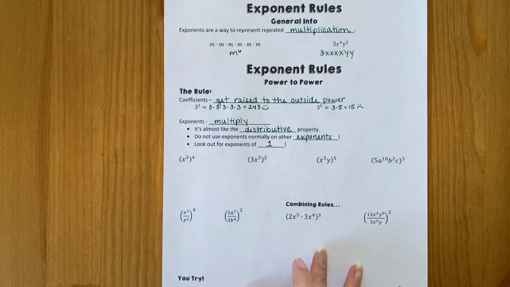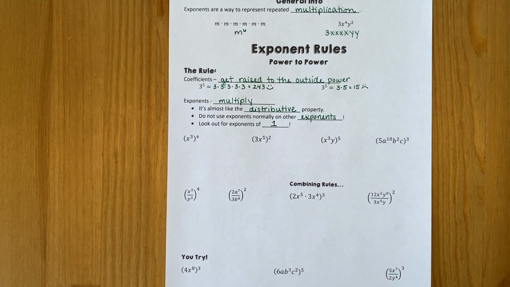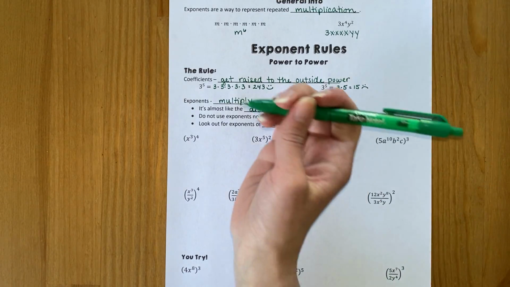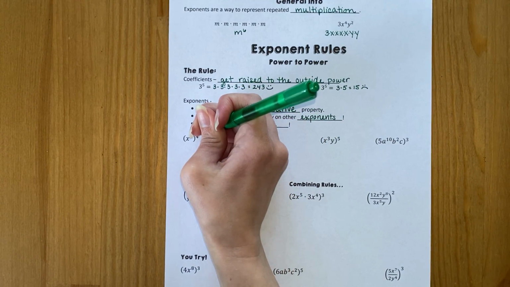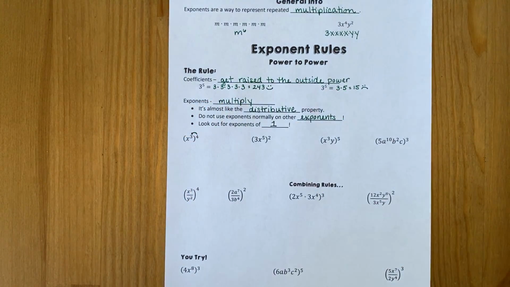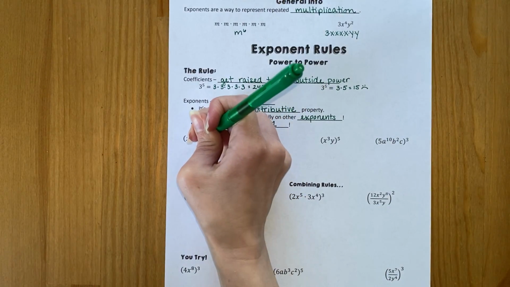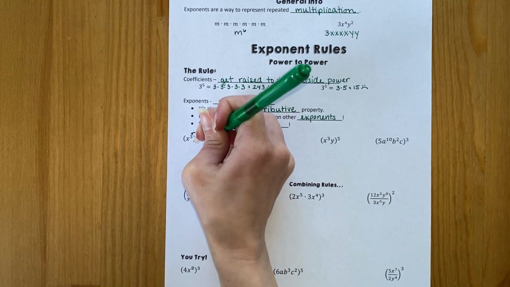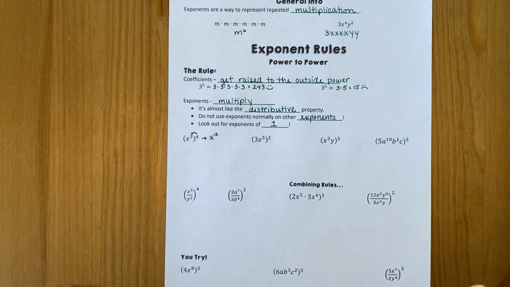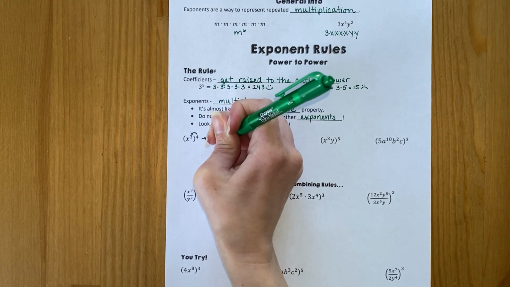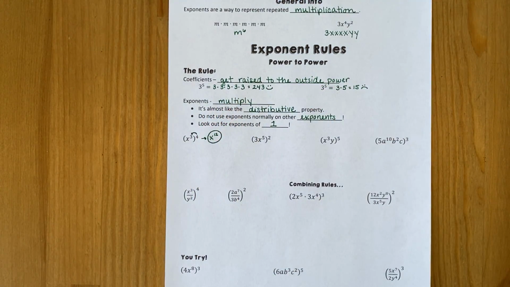So here's how our rule is going to work. Looking at our very first example, we're going to see x to the 3rd to the 4th power. So what will happen to use our rules? We're going to end up taking that 4 times that 3, and 4 times 3 is just going to make 12. So my final answer is going to be x to the 12th power. So think about what that really means.